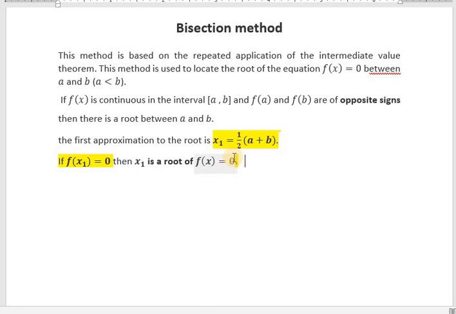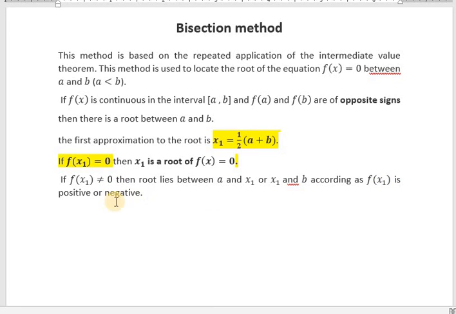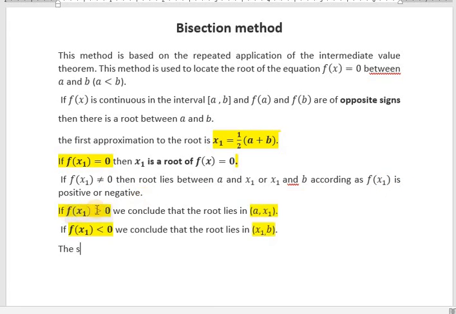If f(x1) is not equal to 0, then the root lies between a and x1 or x1 and b, depending on whether f(x1) is positive or negative. If f(x1) is greater than 0, we say that the root lies in (a, x1).